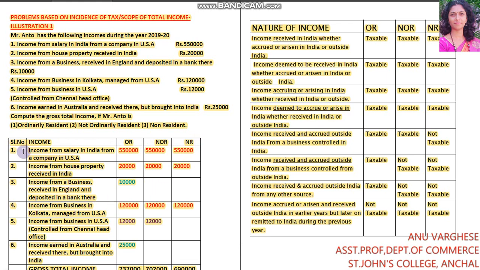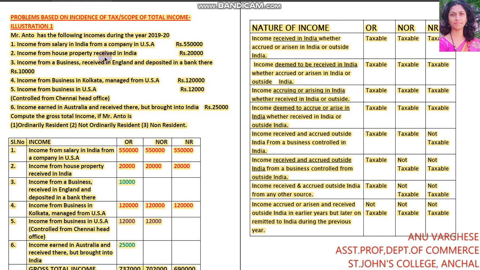Then you write each statement shortly in the table. First one, income from salary in India from a company in USA. That means income is arising in India. That is, it is taxable for all the three categories. So you have to write 5,50,000 in three columns: ordinarily resident, not ordinarily resident, and non-resident.